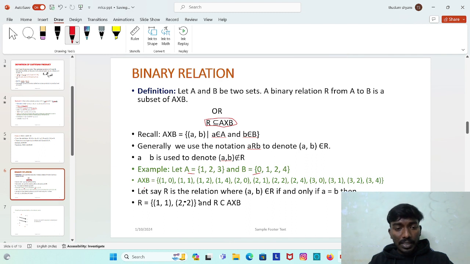The cross product of these sets gives the pairs (1, 0) and so on. Let R be the relation where (a, b) belongs to R if and only if a is equal to b.